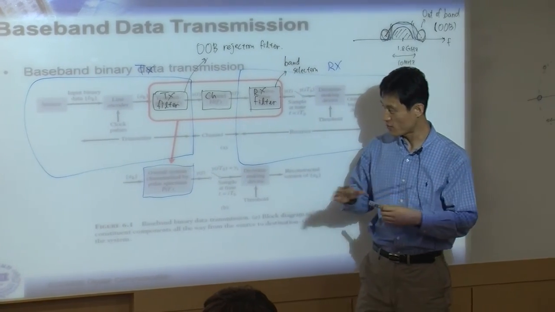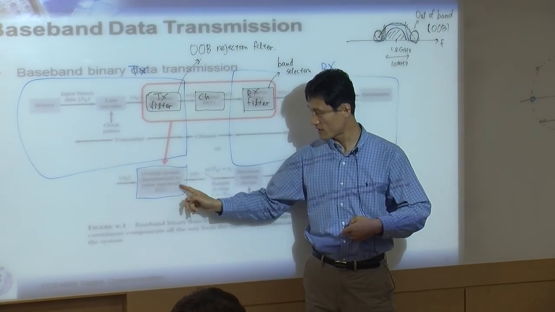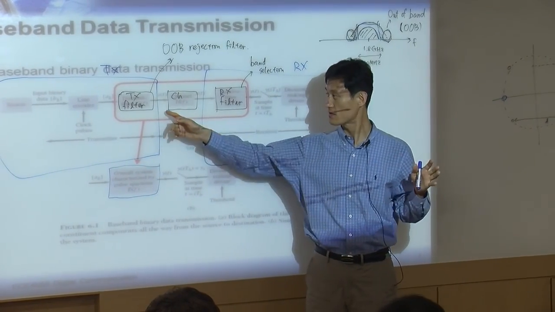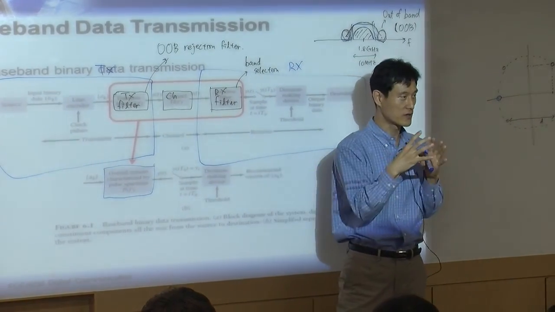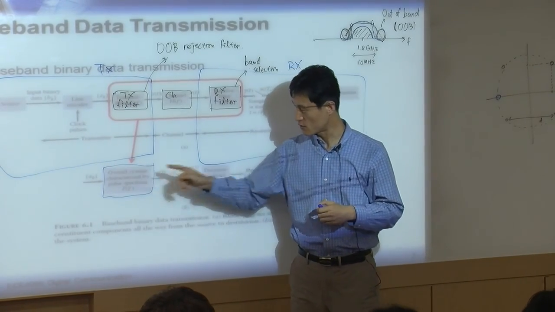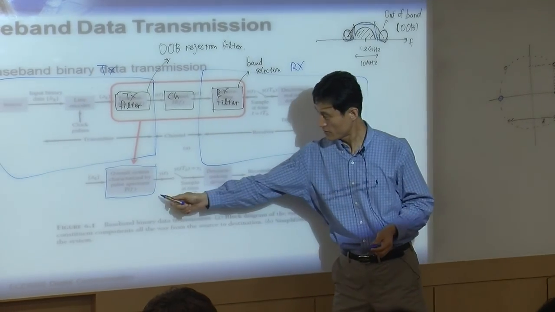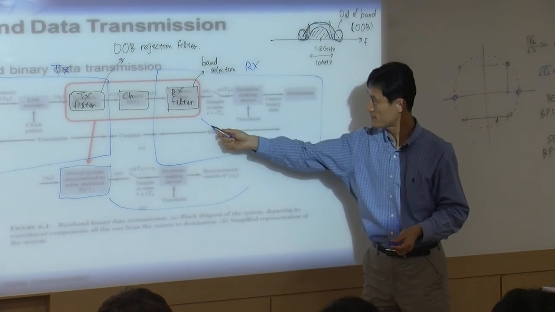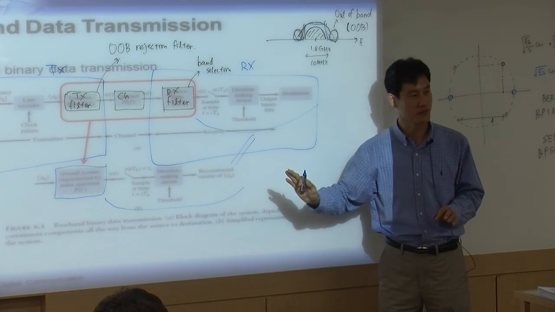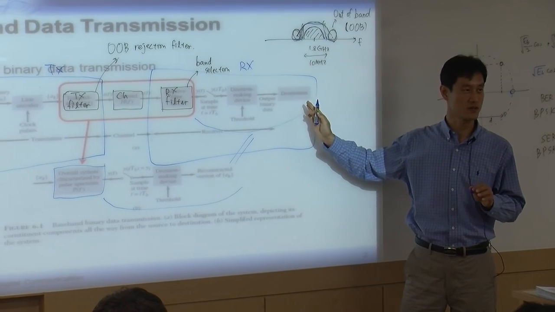But anyway, whatever it is, this small block here is a combination of these 3. Just put these 3 blocks together and make one block, and then replace it with 1. And the remaining part is the same as this part. This is a receiver structure.